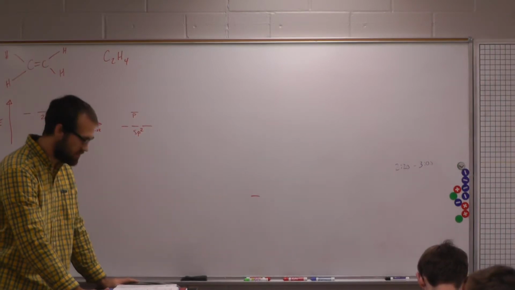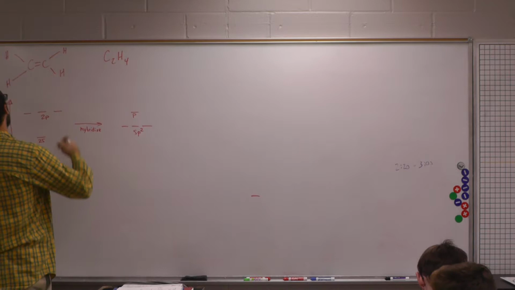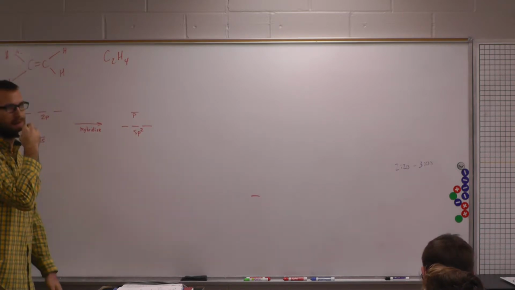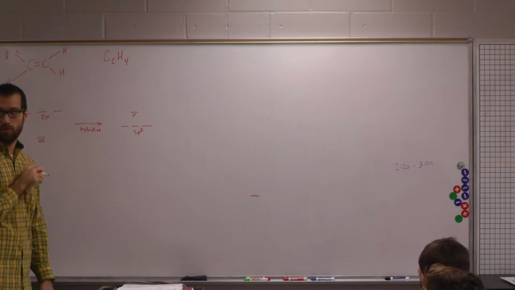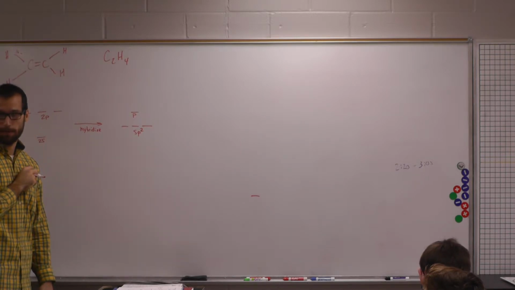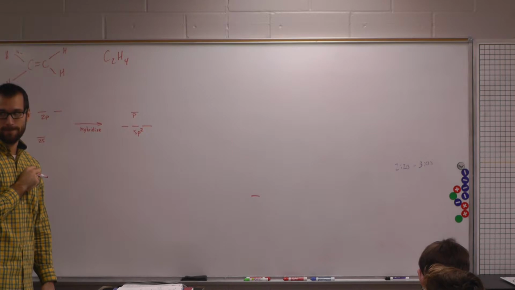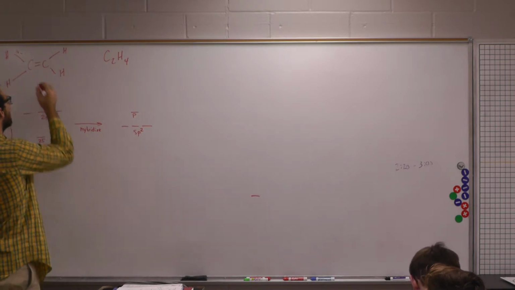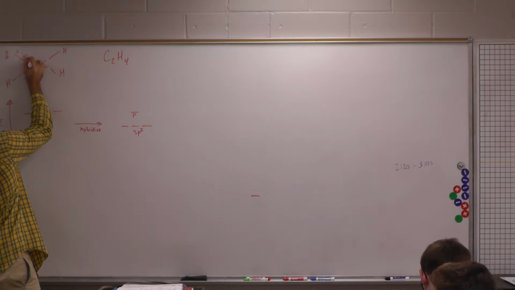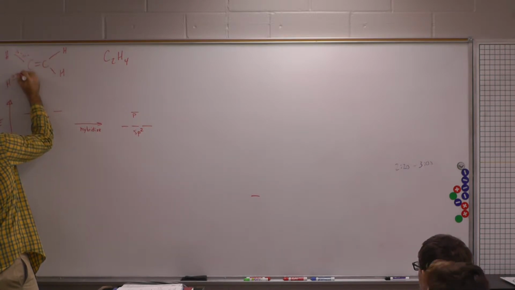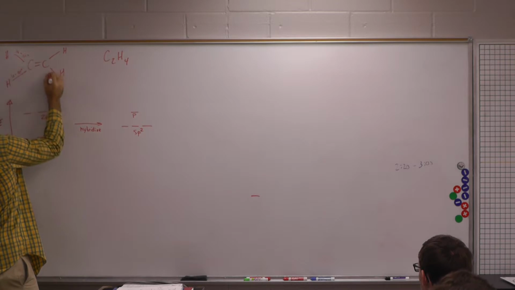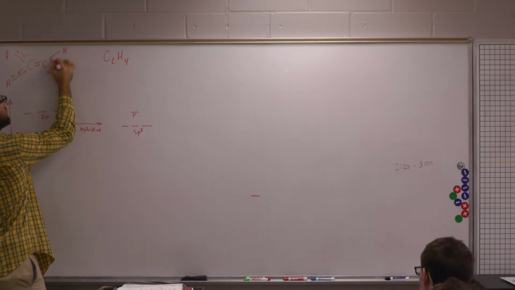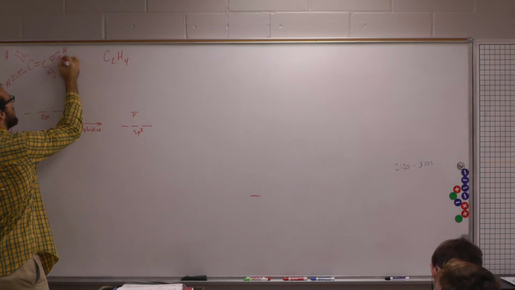That's the 1s orbital. So what's going to happen here is the 1s will overlap with what from the carbon? What hybridization is it? sp2. So 1s overlaps with sp2, sp2 with 1s, sp2 with 1s.